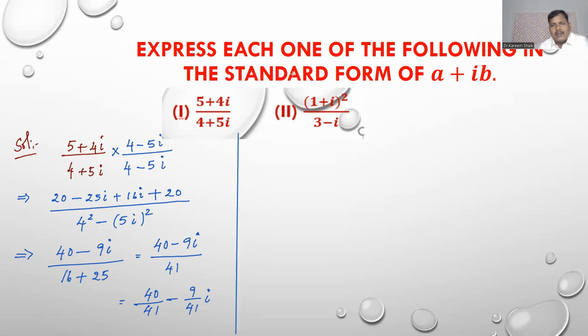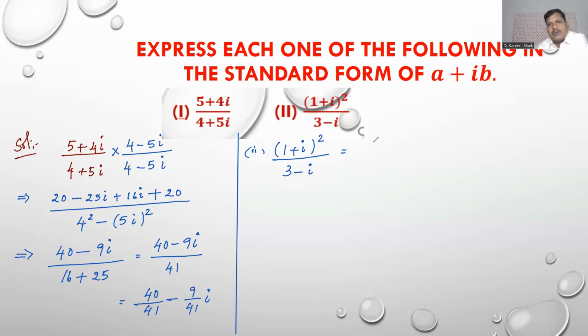What is the next one given? The second problem is 1 plus iota whole square upon 3 minus iota. Observe here, the numerator is in the form of a plus b iota whole square, that means a plus b whole square. So we have to simplify the numerator first, then we will multiply both numerator and denominator by the conjugate of the denominator.